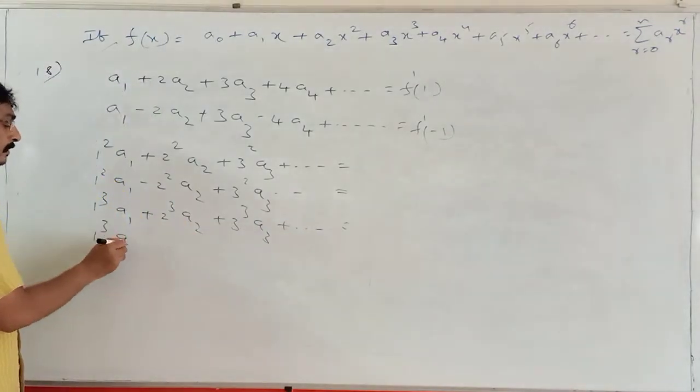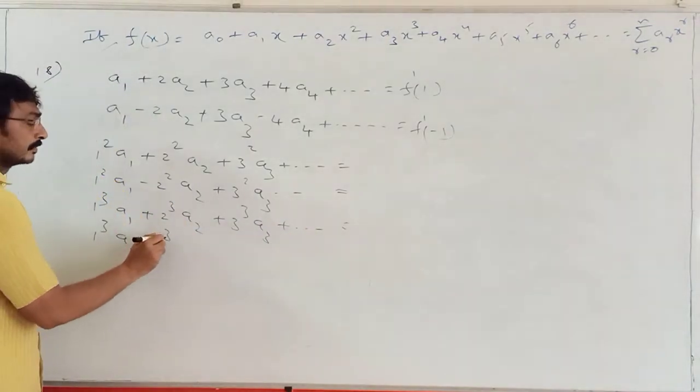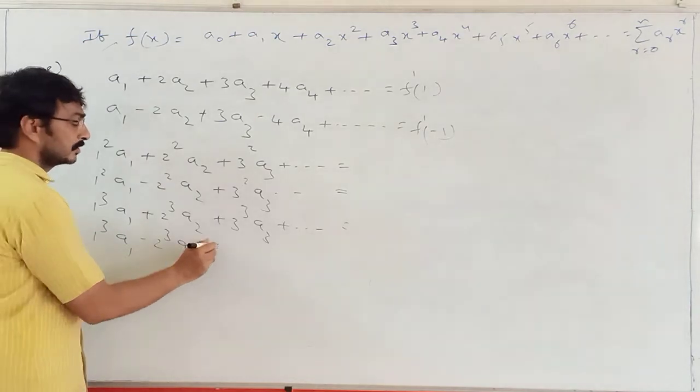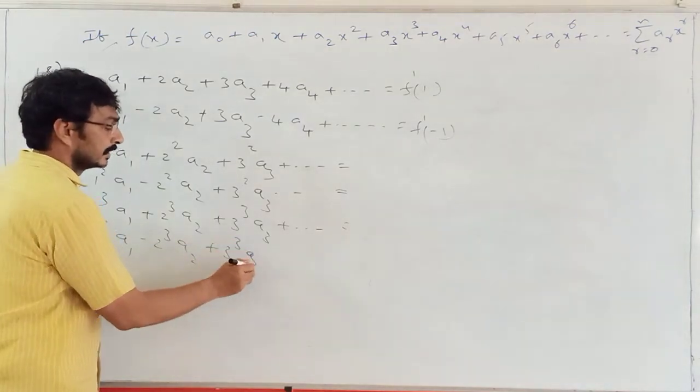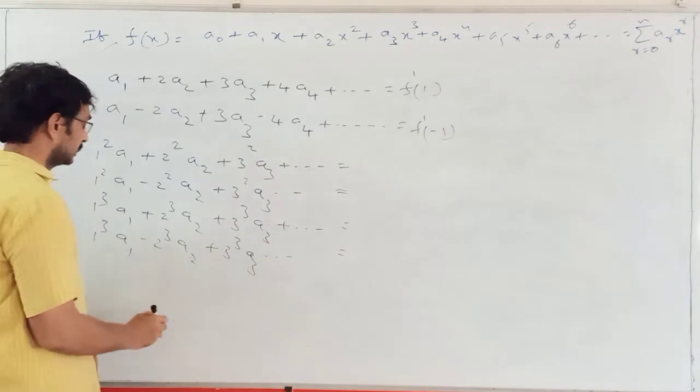Next, 1 cube into a1 minus 2 cube into a2 plus 3 cube into a3 and so on.